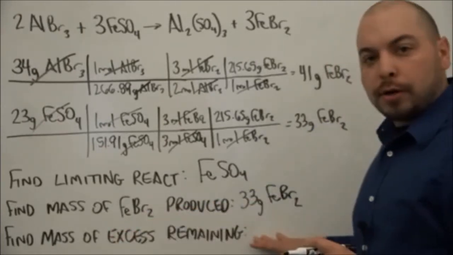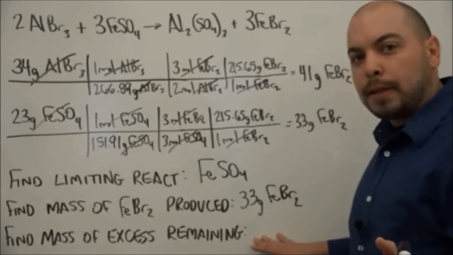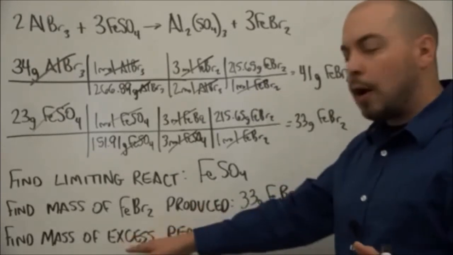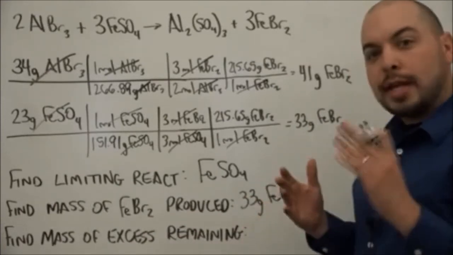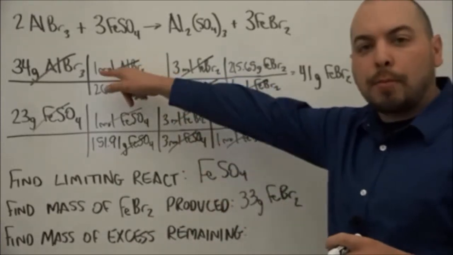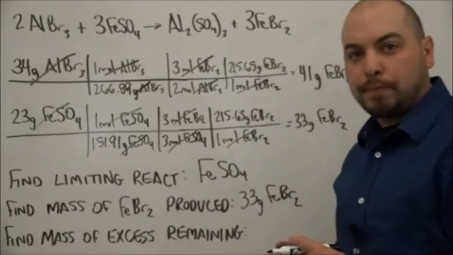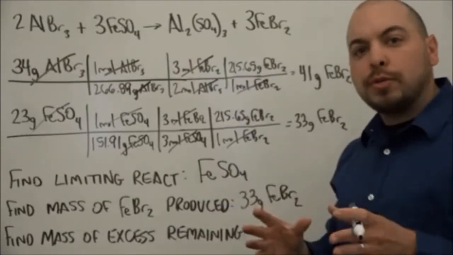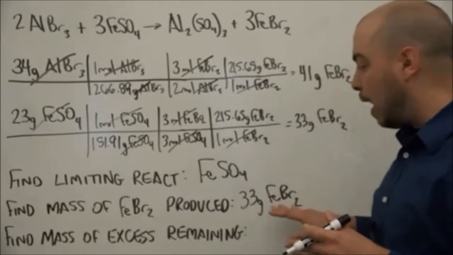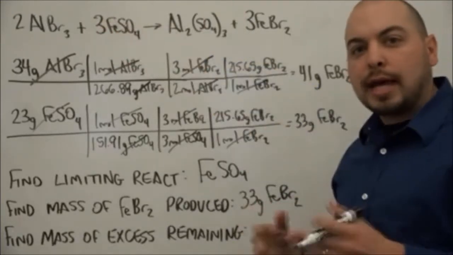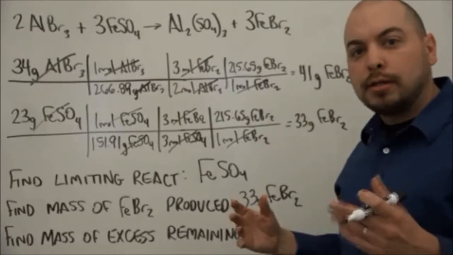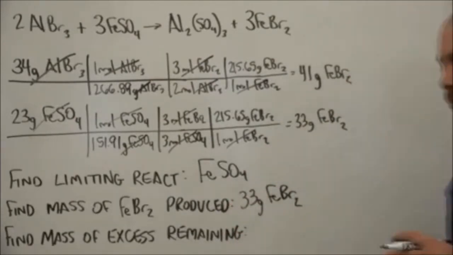Now the last part is challenging, because we need to figure out how much of our excess reactant remains at the end of this reaction. We now know that the aluminum bromide is our excess reactant. So now what we need to do is figure out how much aluminum bromide remains after the reaction is complete. Let's take a look at how to do that.